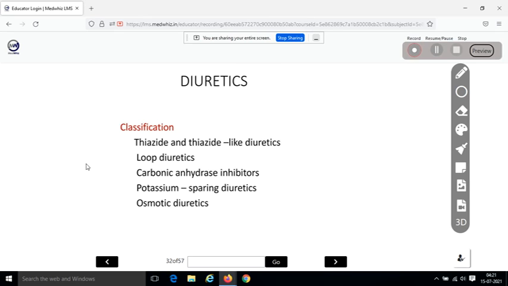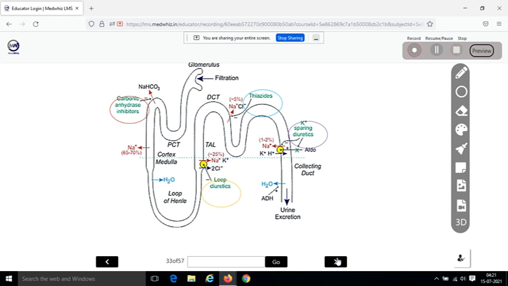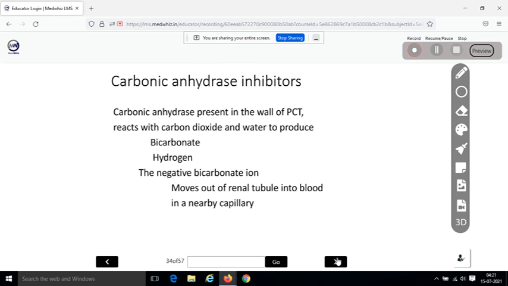These are classified again as highly efficacious, moderate, and less efficacious drugs. Loop diuretics are highly efficacious; depending on their efficacy, they can be classified. Now coming to the first group, carbonic anhydrase inhibitors.